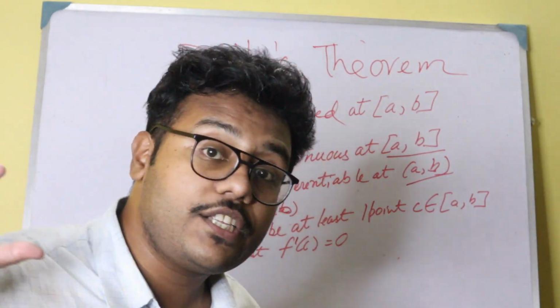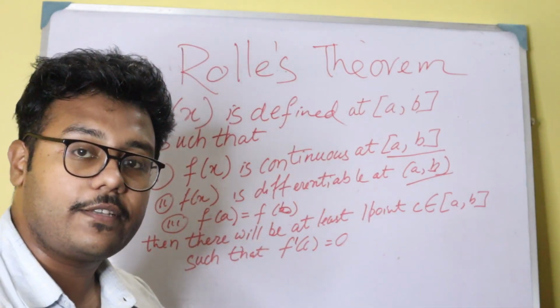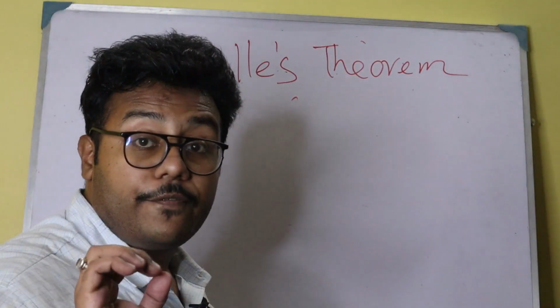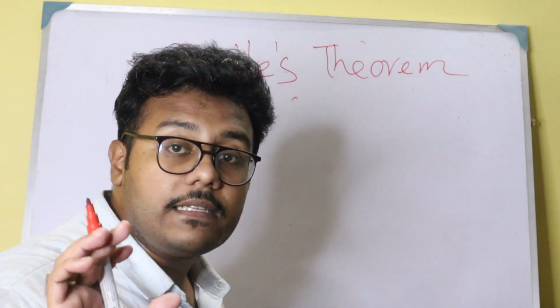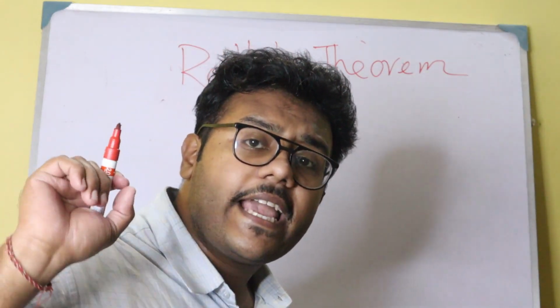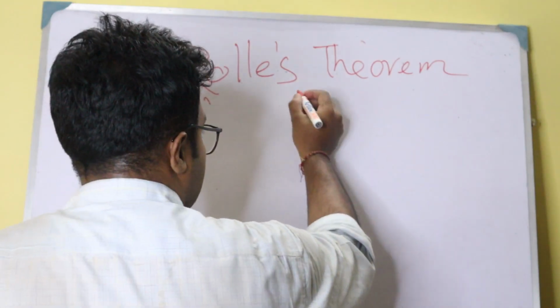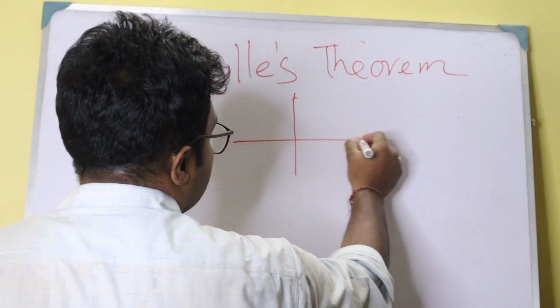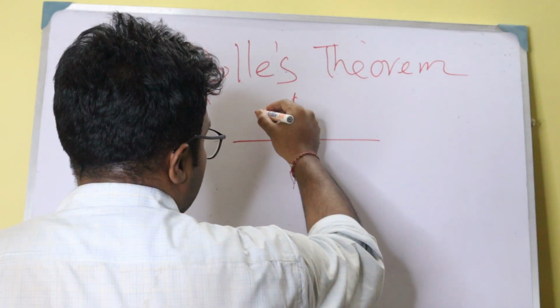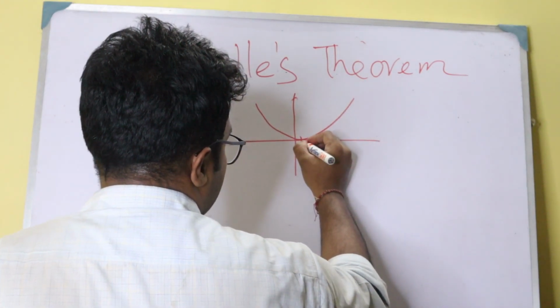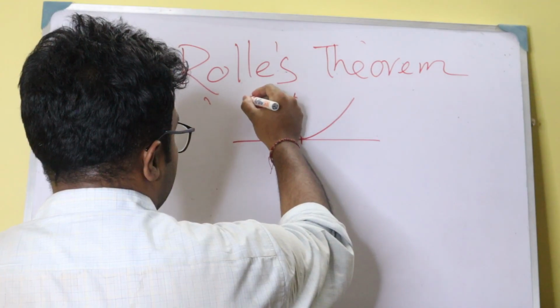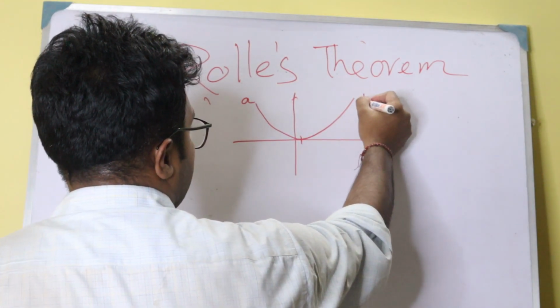Now I will come to the geometrical interpretation of Rolle's theorem. From the first point, we are told that the function is continuous within the closed interval [a, b]. Suppose we draw this function; this is a, this is b.